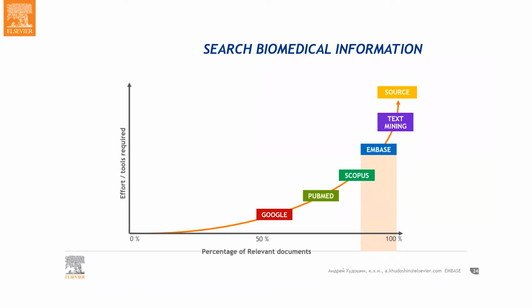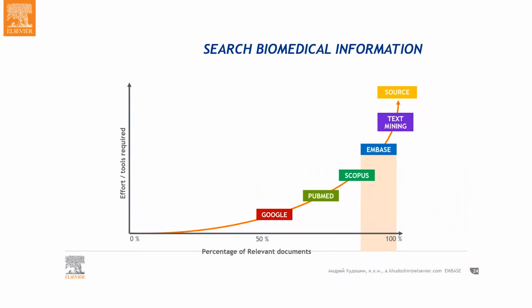For example, Google requires very little effort and investment of time into your query, but you will miss key publications, you will not find relevant results, and you don't have additional filters to find the information that you really need.